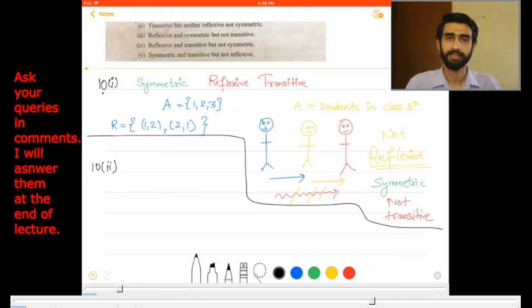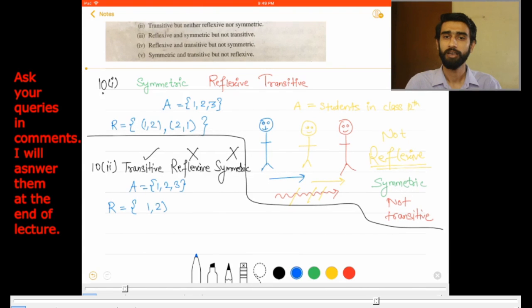What it says is, give a relation which is transitive but neither reflexive nor symmetric. So I am giving a relation which is transitive, neither reflexive nor symmetric. So let's try this. Again I am giving the same set {1, 2, 3}, and my relation is (1,2), (2,3). So (1,3) must be there.